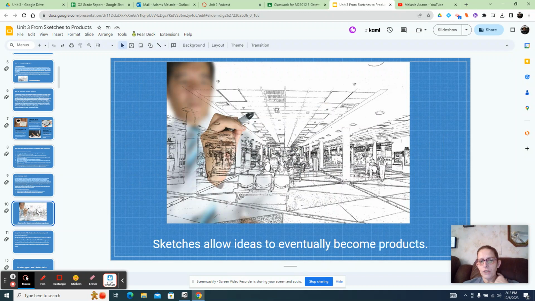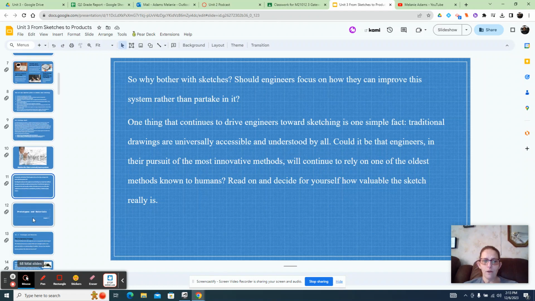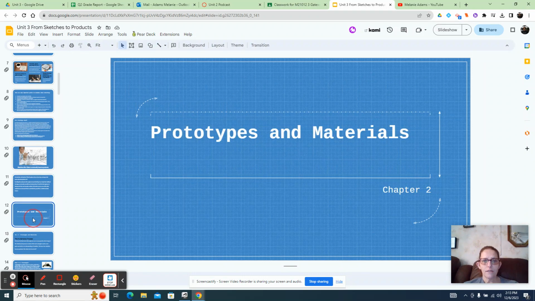So sketching is very important, and it allows ideas to come alive. Engineers should focus on how to improve sketching. You can sketch digitally as well as on paper. Some people have learned to sketch digitally as well.